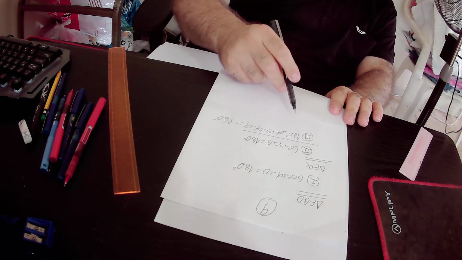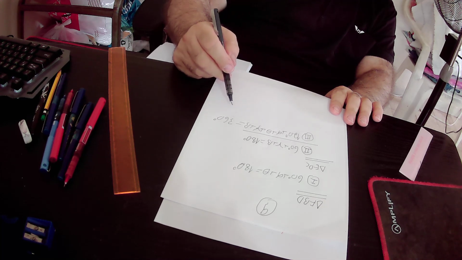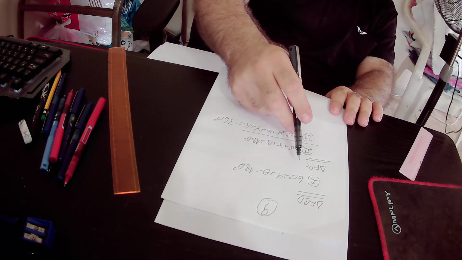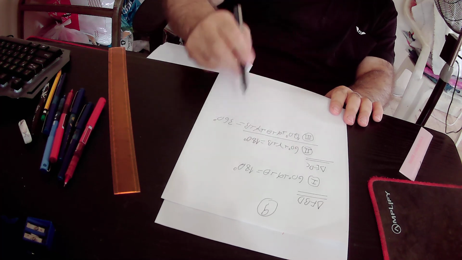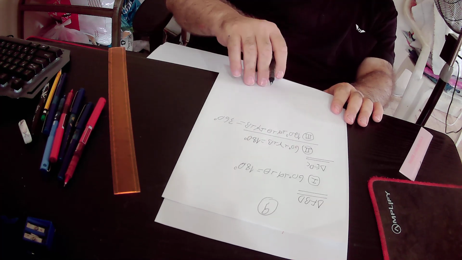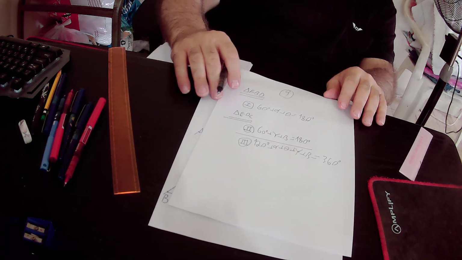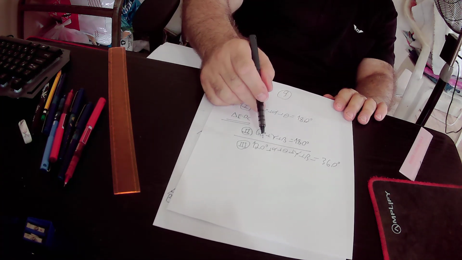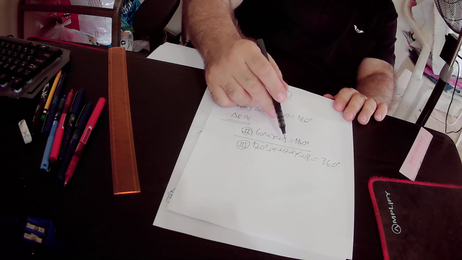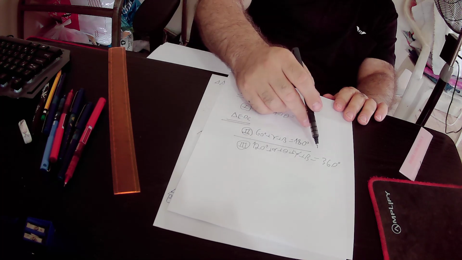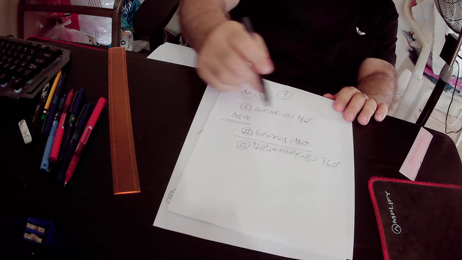So equation number 3 states that 120 degrees plus alpha plus theta plus gamma plus beta equals 360 degrees.